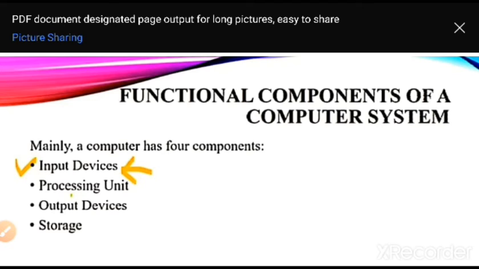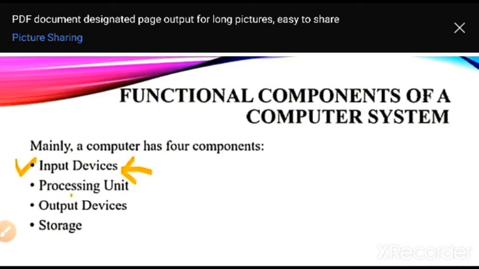And to carry out the final output, output devices are generally used. All the peripheral devices will be used.